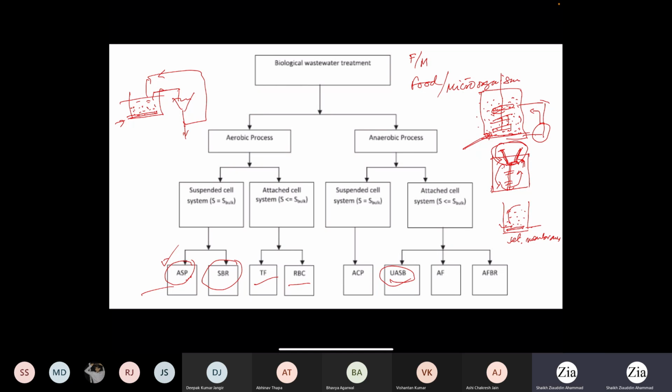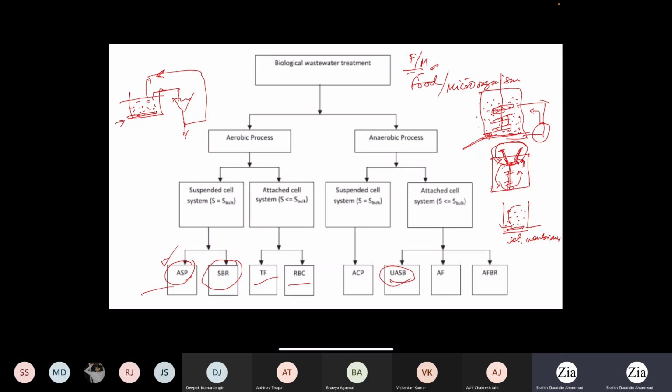The F by M ratio is very important, and you need to know how much F by M ratio is required in this kind of reactor system. So through this recycle line, you add the microorganism to maintain F by M at a constant value.